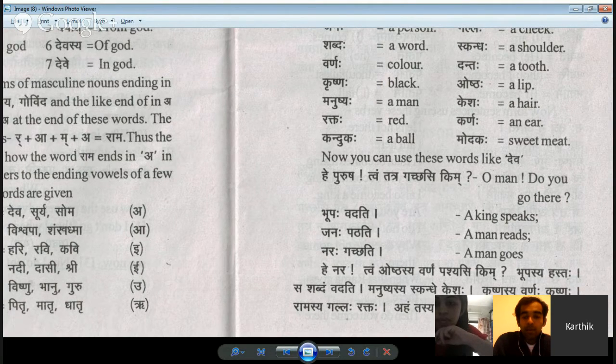For that we saw devaha becomes deve; like that skandha becomes skandhe. So skandhe keshaha, the hair is on the shoulder. Now whose shoulder? Kasya skandhe keshaha. Manushyasya skandhe keshaha, on the man's shoulder. That's what it means. Manushyasya skandhe keshaha asti. The hair is on the man's shoulder.